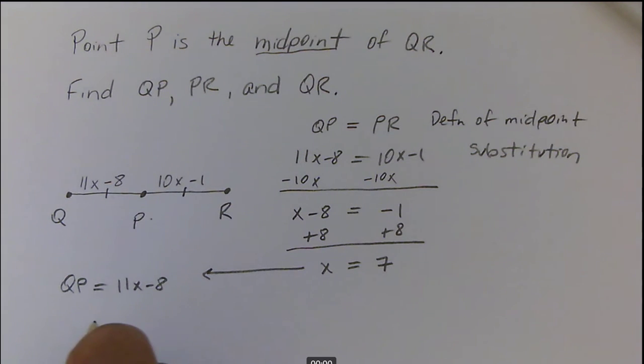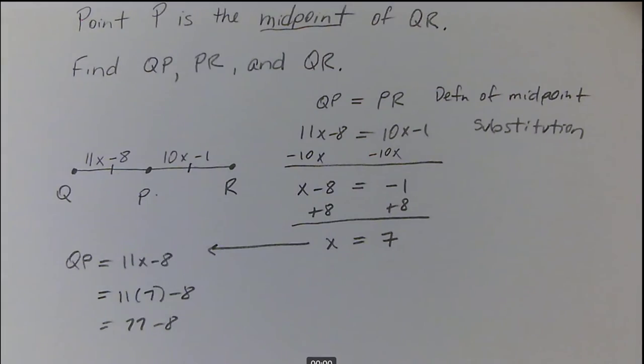That means that QP is equal to 11 times 7 minus 8, which is equal to 77 minus 8. And 77 minus 8 is 69. So therefore, the length of QP is 69.